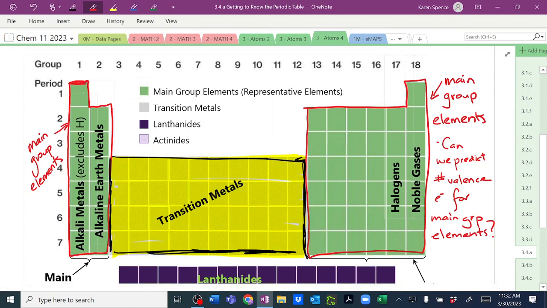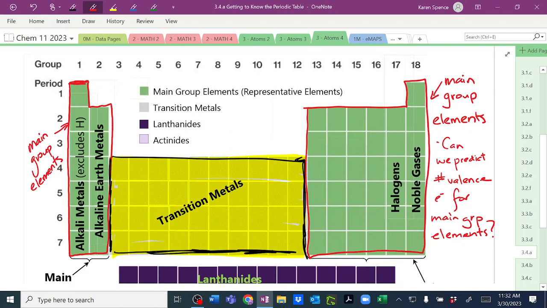Can we predict the number of valence electrons for the main group elements? Yes, we can. How many valence electrons in group 1? 1. How many valence electrons in group 2? 2. How many valence electrons in group 13? 3. 14, 4, 15, 5, 16, 6, 17, 7, and 18, 0. Okay, so that one's a little weird. All right, so those are our main group elements.